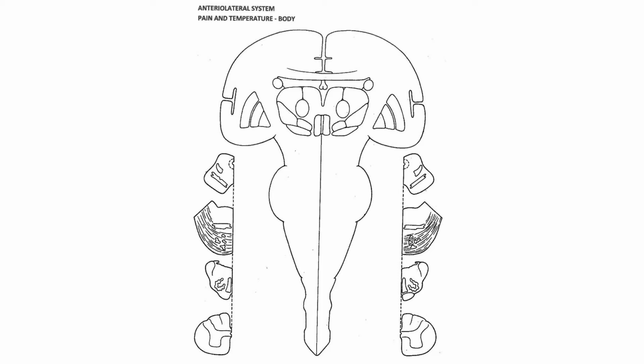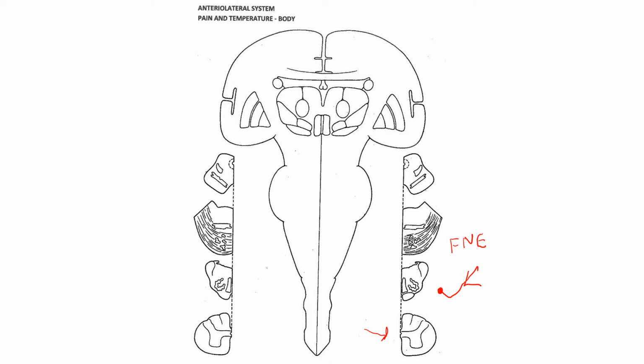Okay, with that being said, we're going to begin down here with this little spinal cord. And we're going to talk about the first order neuron in this pathway. The first order neuron is going to begin as a free nerve ending. And I'm just going to abbreviate that FNE. And that's perfectly acceptable. It is imperative that you identify the receptor that the body is using. These are going to be examples of pseudo-unipolar neurons.